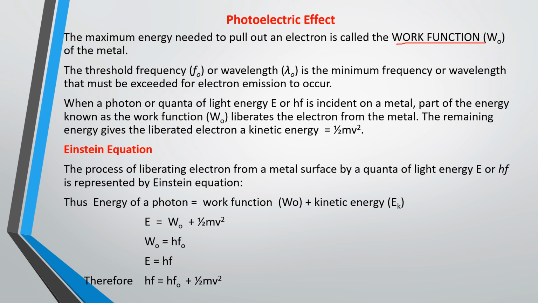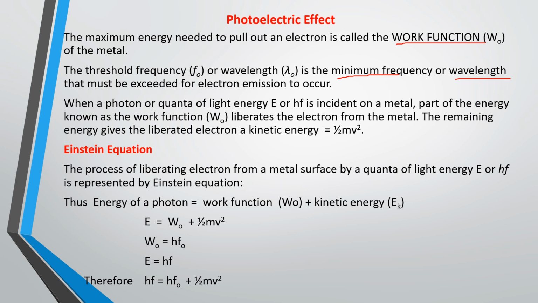Then the threshold frequency and threshold wavelength is the minimum frequency or wavelength that must be exceeded for the electron to be emitted. These are definitions that you should know, please. The threshold frequency and threshold wavelength are the minimum frequency and wavelength that must be exceeded for an electron to be ejected. Is that okay?